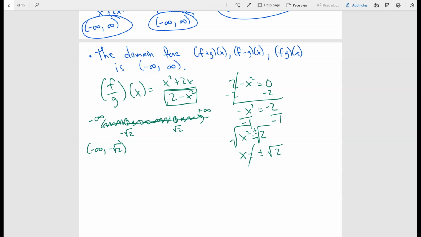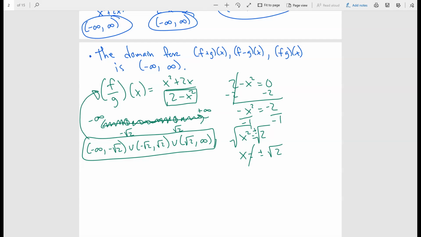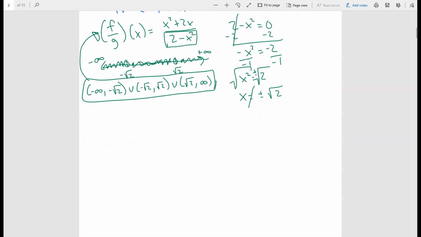Then everything in between, so between negative square root of 2 and square root of 2. And then from square root of 2 all the way to infinity. Okay, that's going to be the domain for this division. So when you have the division, you do have to work a little bit more. Okay, let's do one more example.